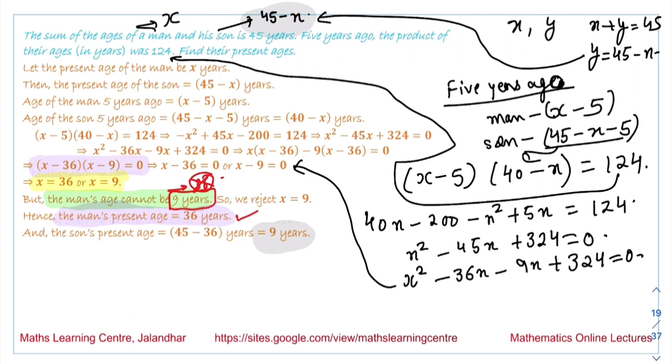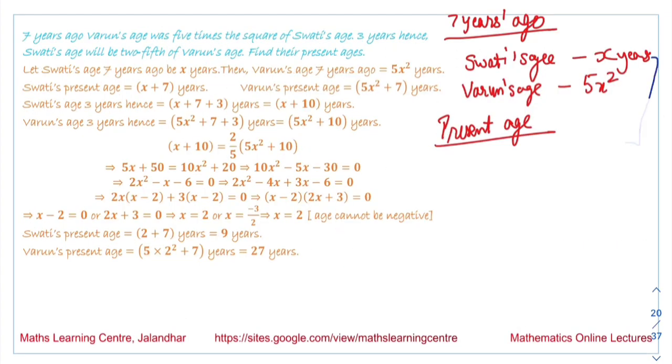Now we are talking about the present age. Their present age will be, for Swati, x plus 7, and for Varun, 5x square plus 7.